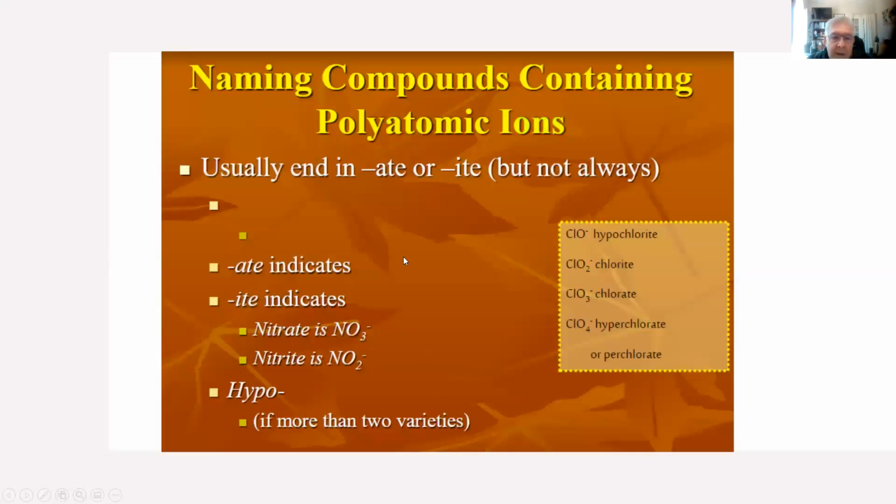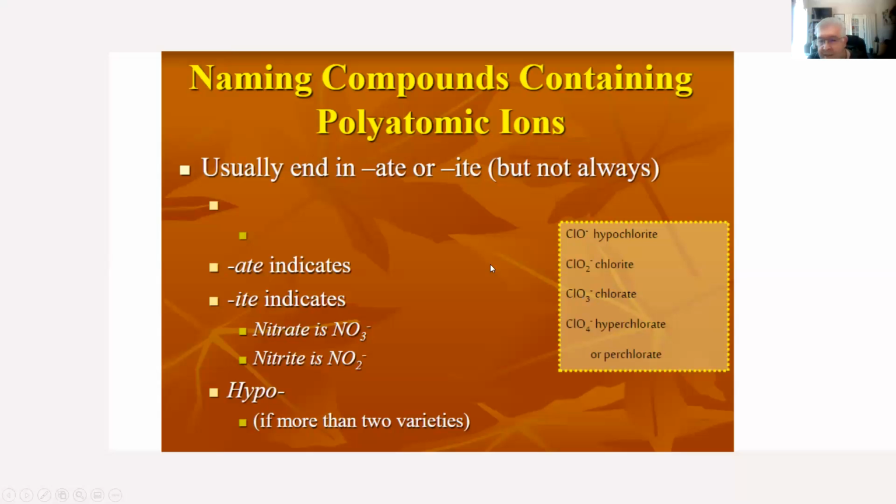Some polyatomic ions contain oxygen, and when you have less oxygen, like in this case, you add the ending "ite." If you have more oxygen, you use the ending "ate." In this case, it's chlorite. In this case, it's chlorate.